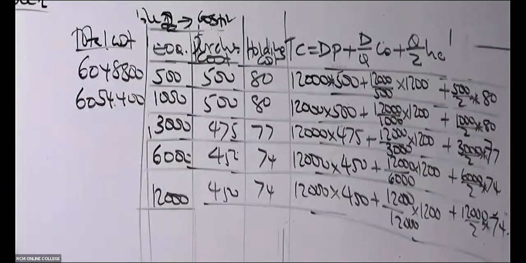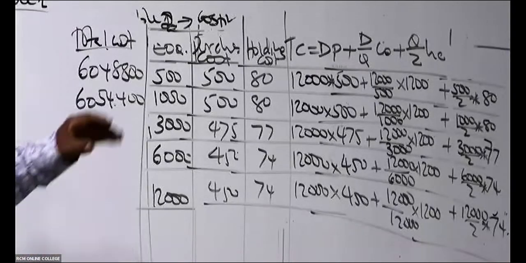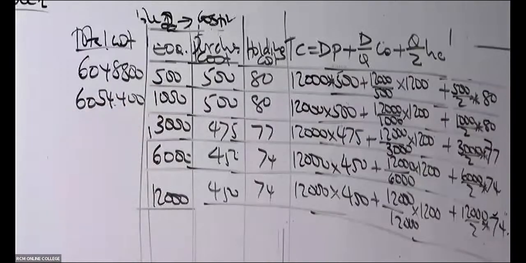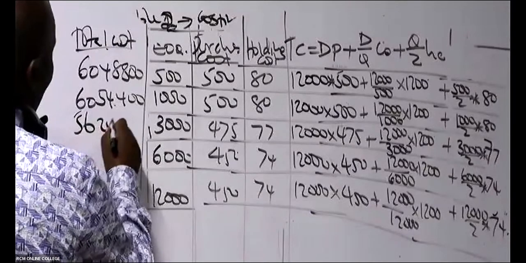Thank you so much. I'm supposed to write them at the very corner there, equals, and then I write this. 56, 24, 400.